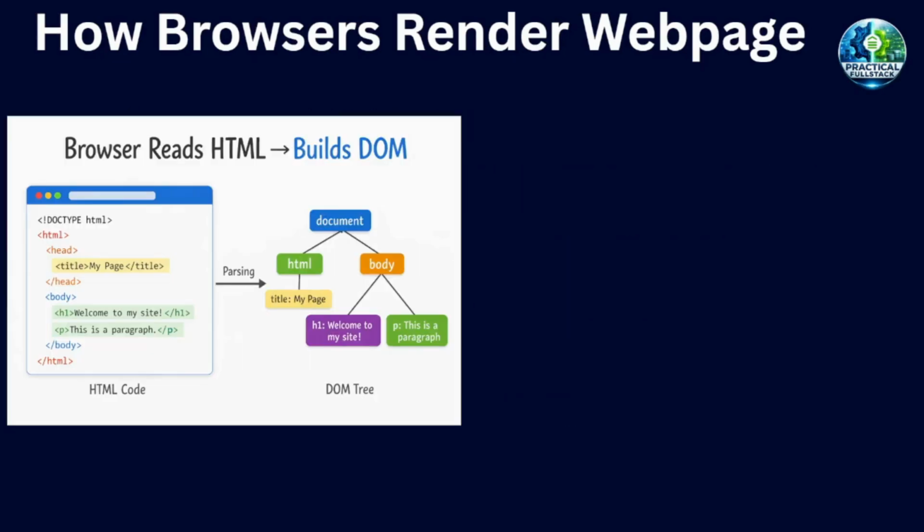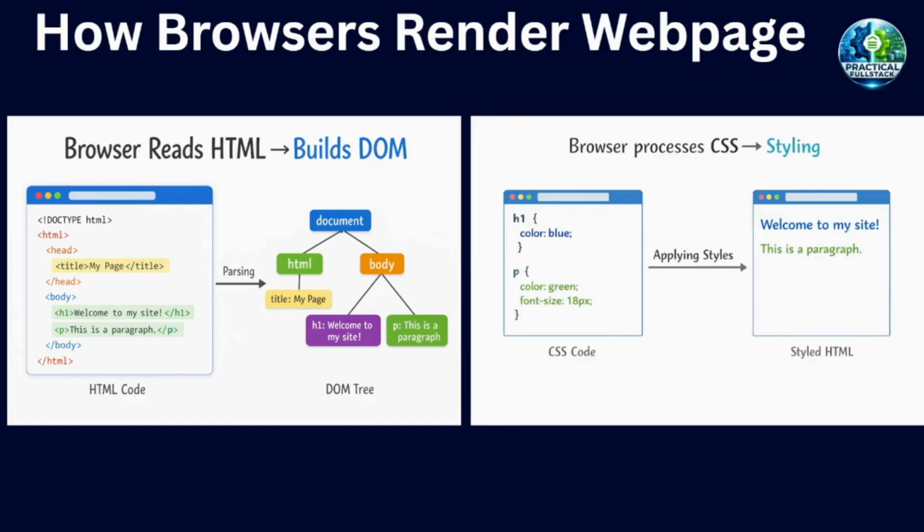First, the browser reads the HTML document and parses it. From this HTML, the browser builds a structure called DOM, or the document object model, which represents the elements of the web page as a tree. We will learn more about this DOM in the upcoming videos. Next, the browser processes the CSS styles. These styles determine how each element should look, including things like colors, fonts, sizes, and layout.